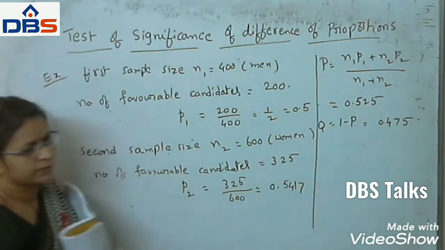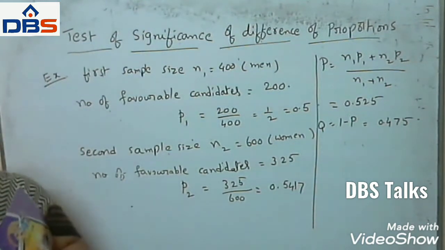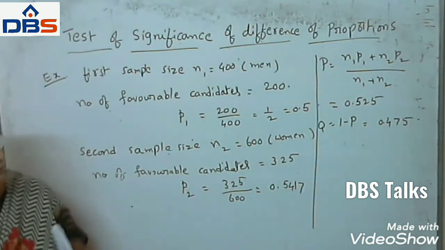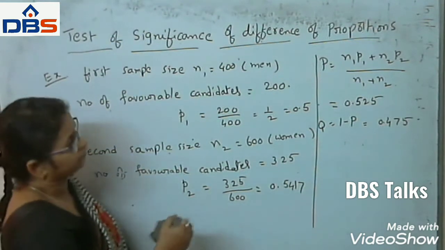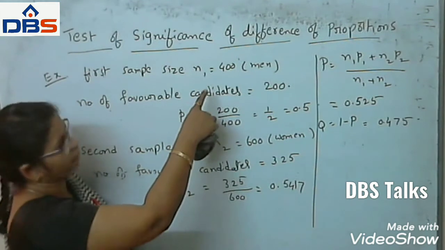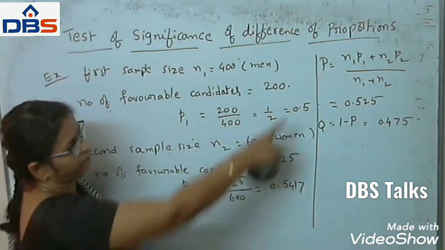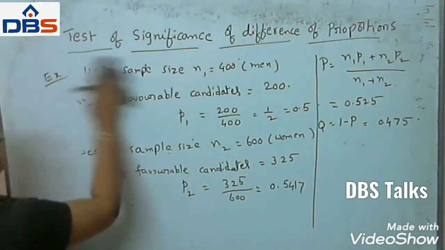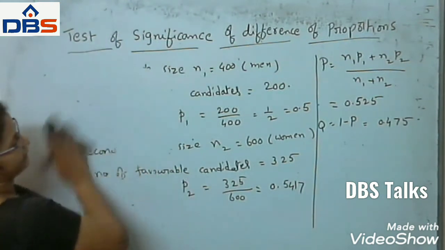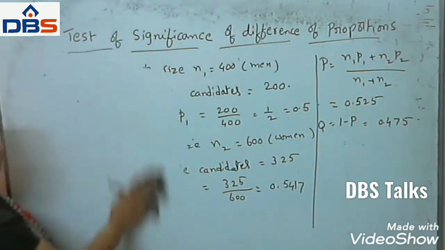Now let us take H0. First we found all the values N1, N2, P1, P2, P and Q from the given data.